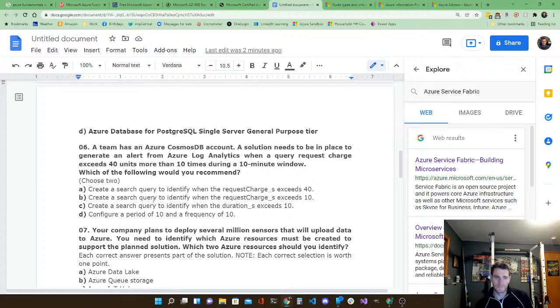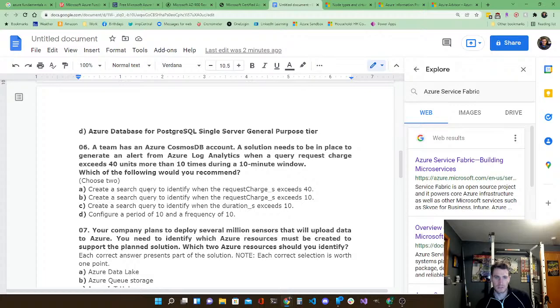That's not like Power BI type. Create a search query to identify when the request charge exceeds 40 units more than 10 times.